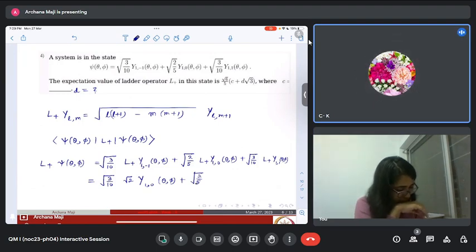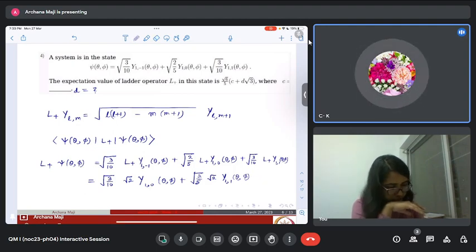So it is 1 plus 1, root 2 minus root 2 again, root 2, y1,1. Okay. And for the third term? Third term I'm getting 2, 0 0, which means there is no third term.